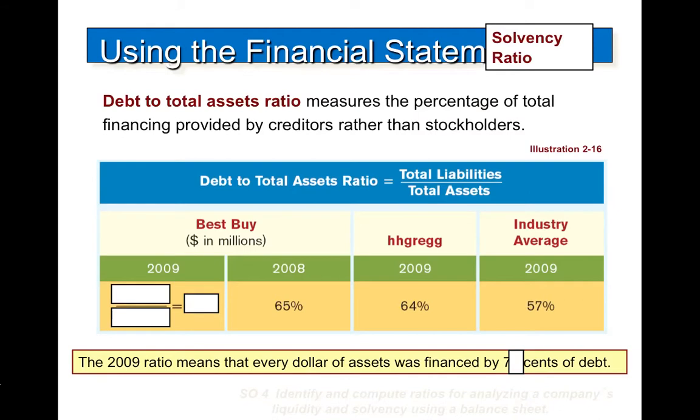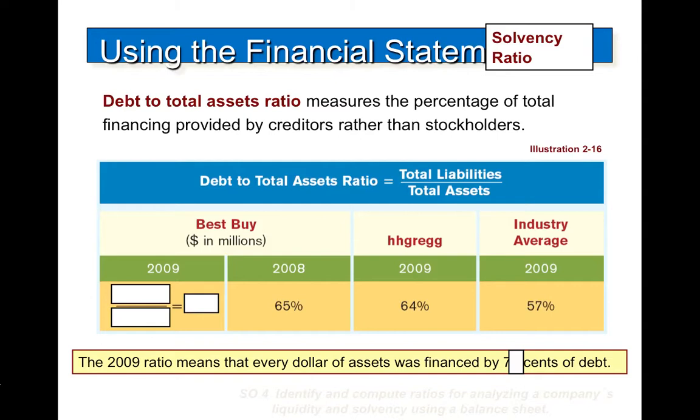The debt to total assets ratio is one source of information about long-term debt-paying ability. It means the percentage of total financing provided by creditors rather than stockholders. Debt financing is more risky than equity financing because debt must be repaid at specific points in time, whether the company is performing well or not. Thus, the higher the percentage of debt financing, the riskier the company.